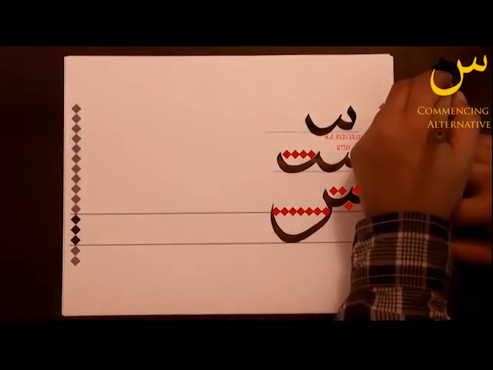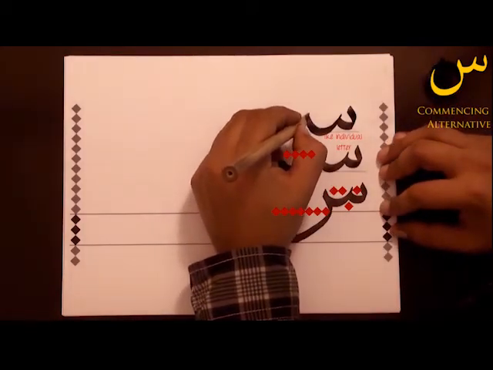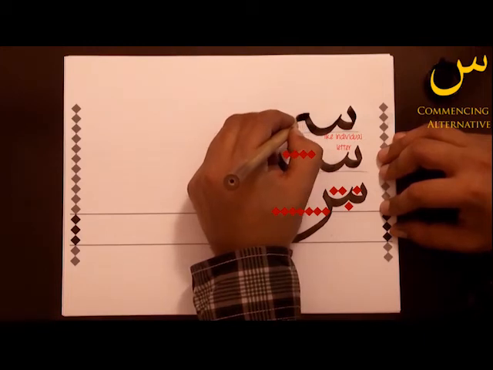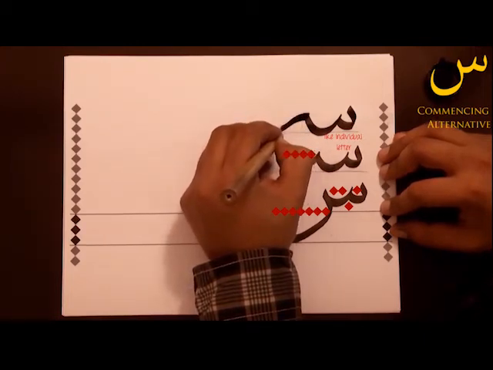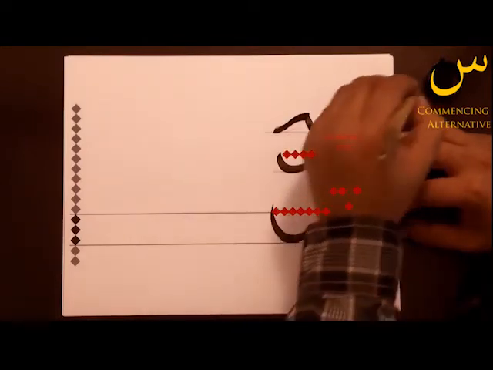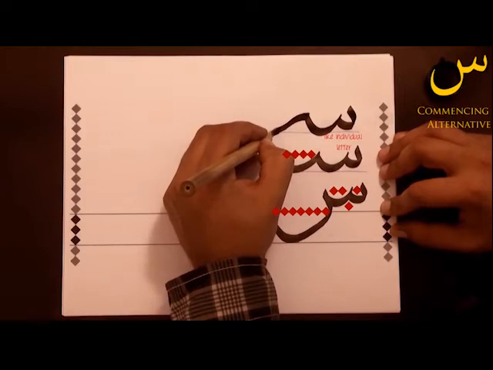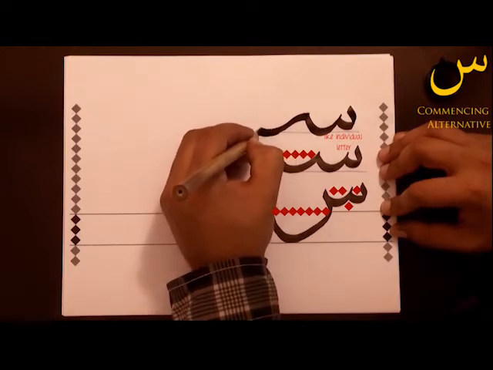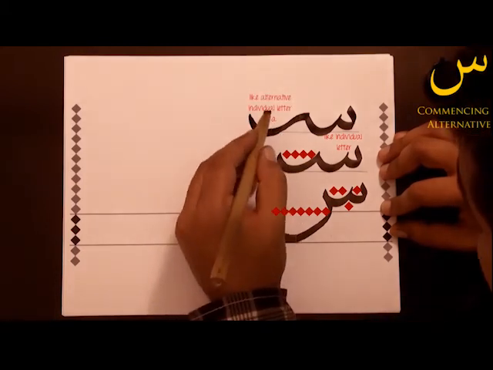The third stroke would actually resemble the alternative individual letter Ba. You would go left and then begin to curve downwards, and then continue the next letter onwards. Just like that.